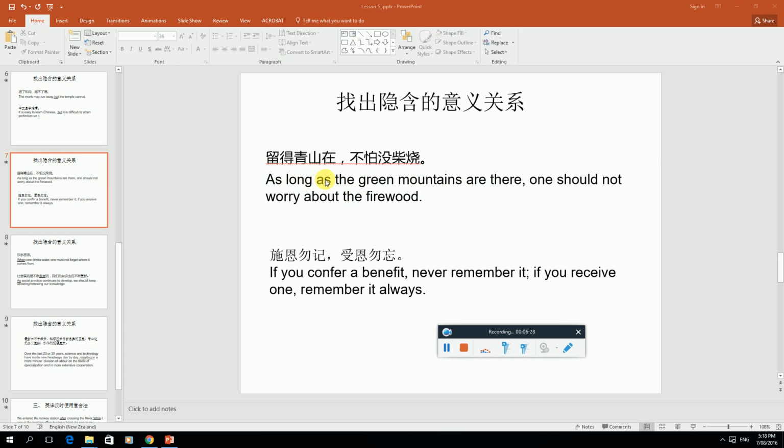As long as is used to show the implicit relationship in the Chinese sentence. 施恩勿忘，施恩勿记，受恩勿忘. If you confer a benefit, never remember it. If you receive one, remember it always. So if is used to show the relationship.